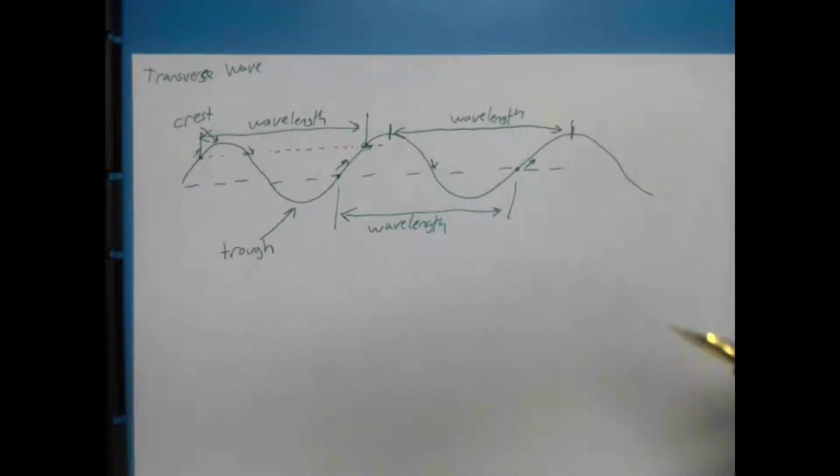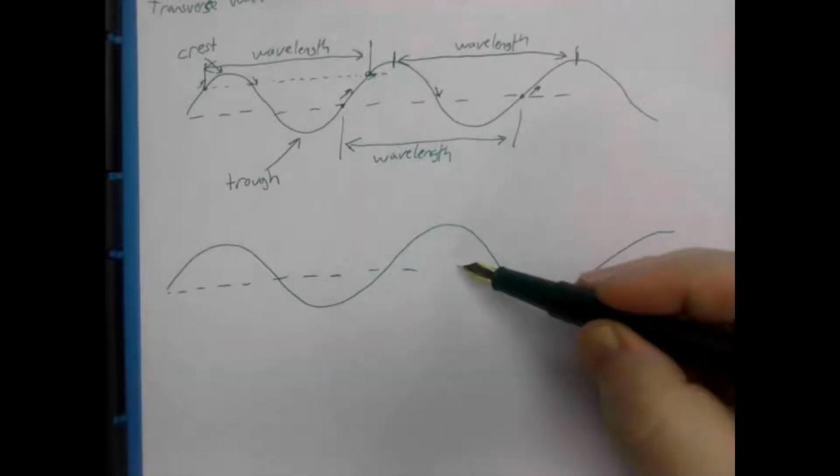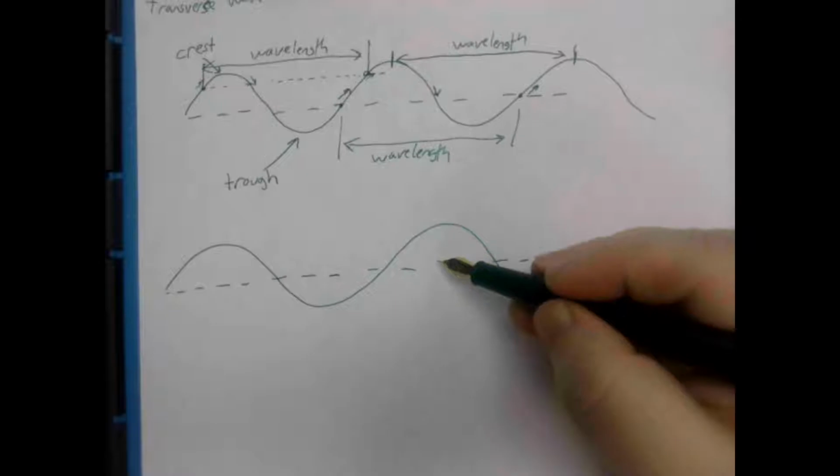And let me redraw this as it's getting messy. So if I were to put an imaginary middle line, called the midline, then the distance from this midline up to a crest is the amplitude.